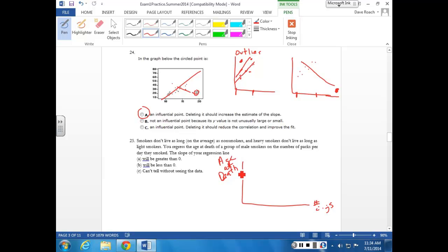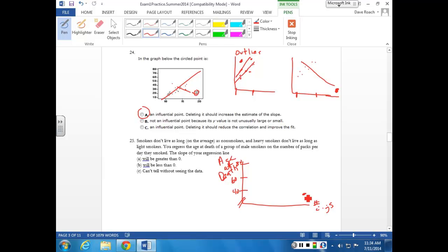So if someone smokes a lot of cigarettes, let's put some ages in here. Let's put this as 40, 60, 80, or something like that. And I'm just going to draw marks there to indicate that I've truncated the axis. If someone smokes a lot of cigarettes, they're going to die at a relatively young age.